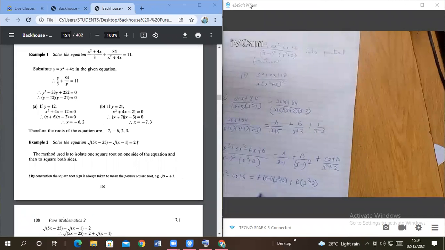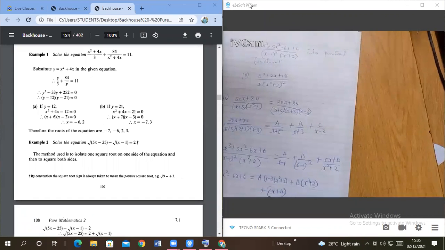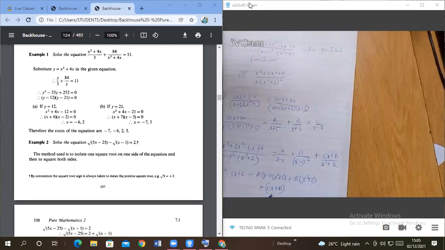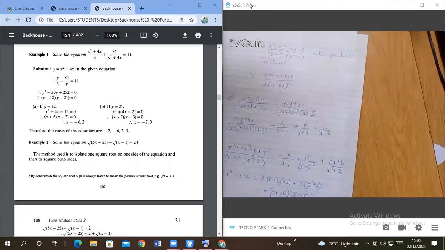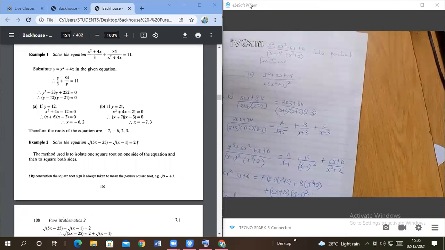Now, I have discovered that many of you are not putting the cx plus d in brackets in the exercise I gave. It should be put in brackets because it is making many of you not to expand appropriately. So you put the cx plus d in brackets and it will multiply x minus 1 squared. Then you are going to continue. Is that understood?